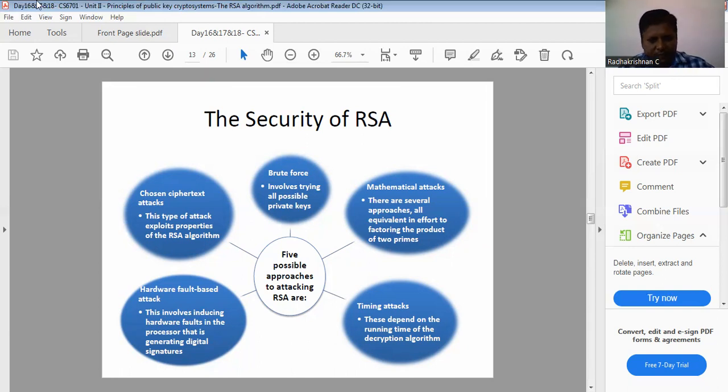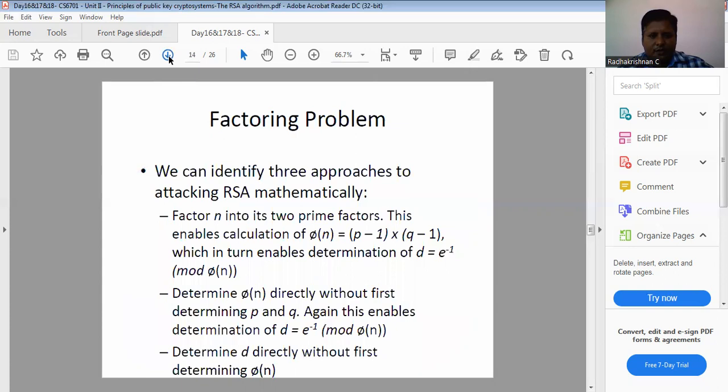Hardware fault based attack and chosen ciphertext attack are also considered. This type of attack exploits explicit properties of the RSA algorithm. The factoring problem is calculated from two prime numbers. From the two prime numbers, the totient function is calculated.